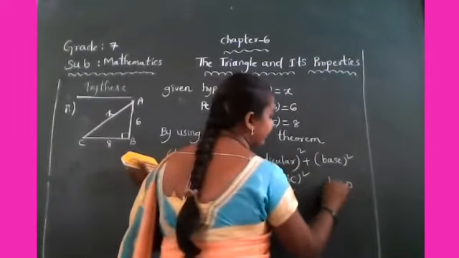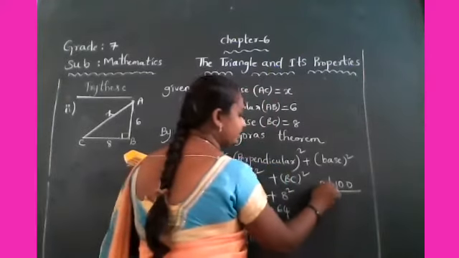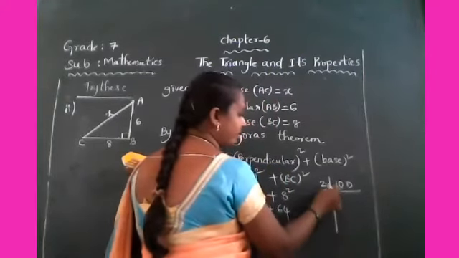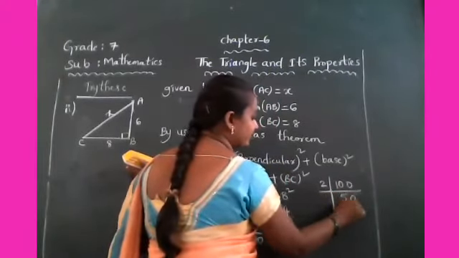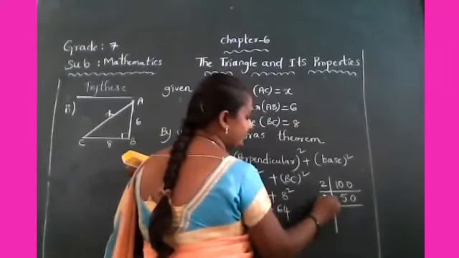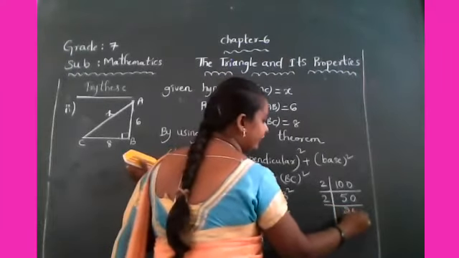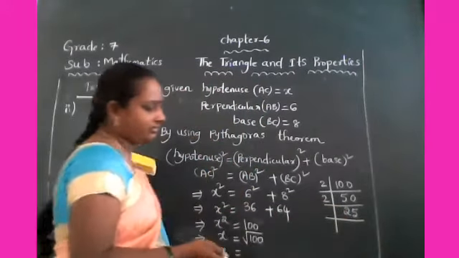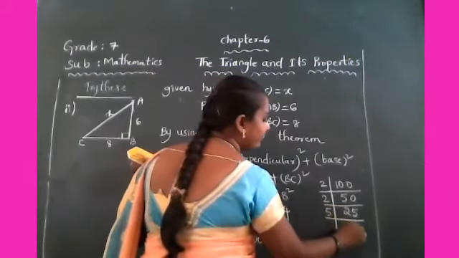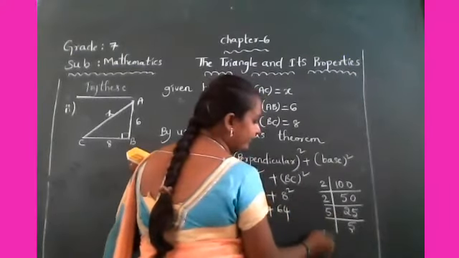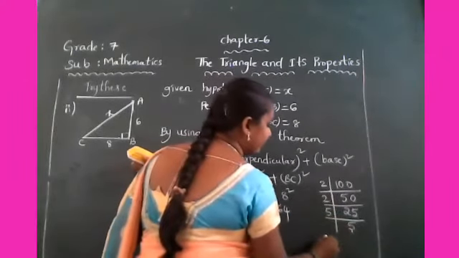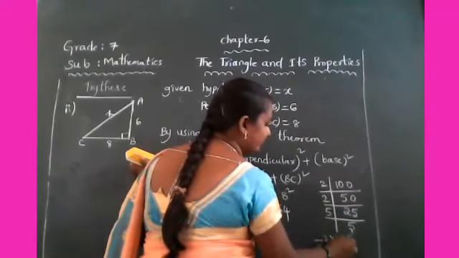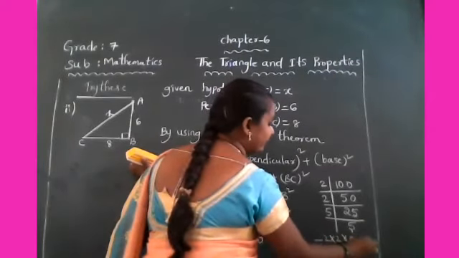So 100. First with 2, the only prime number. 2 5s are 10, right? Again 2 25s are 50. So next 3, no, 5. 5 5s are 25. Okay children, what are the factors? 2 into 2 into 5 into 5.